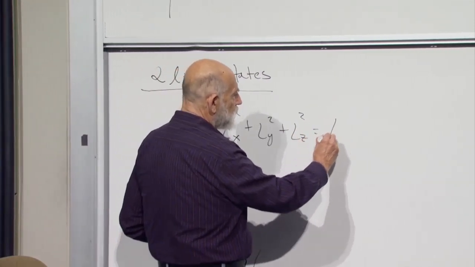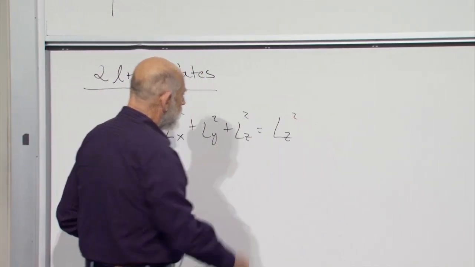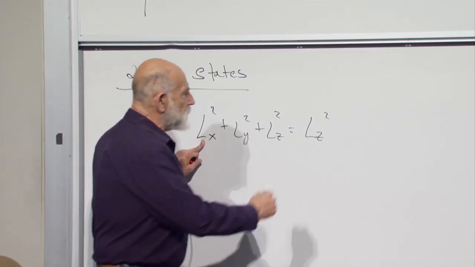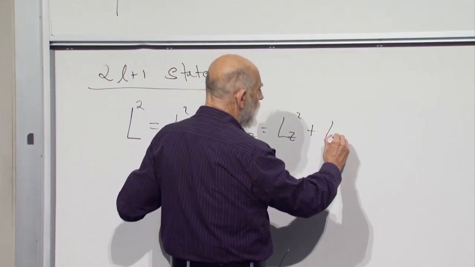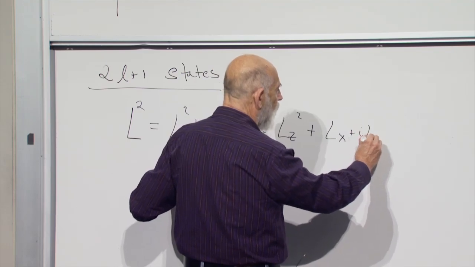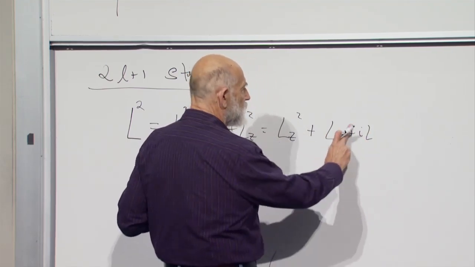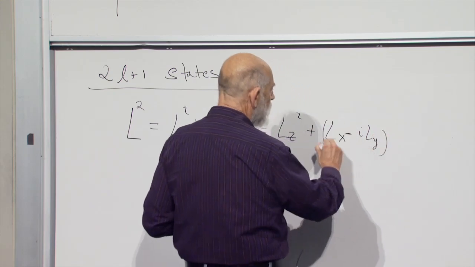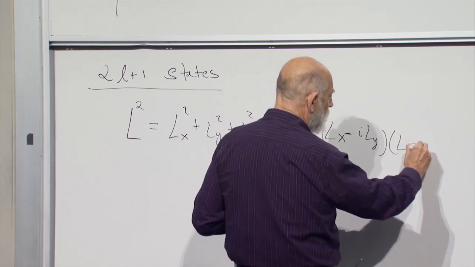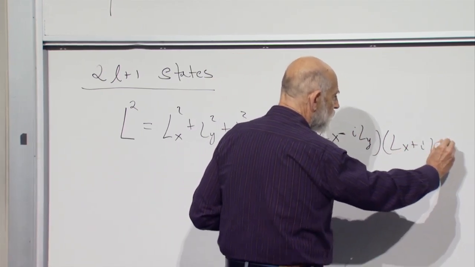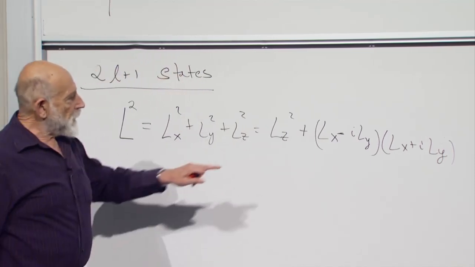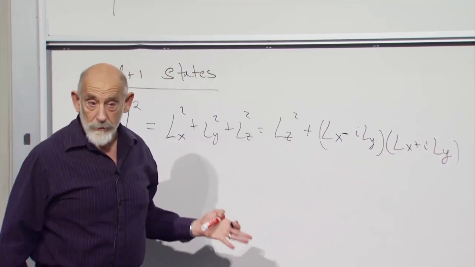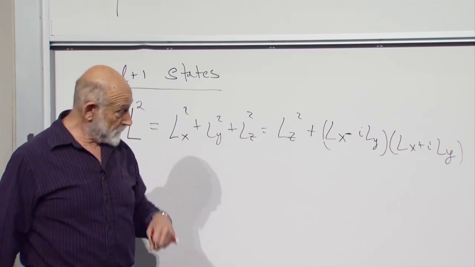This is equal to Lz squared. Now, first classical. Lx squared plus Ly squared, that's Lx plus iLy. Do I want that? No, I want Lx minus iLy times Lx plus iLy. This is Lx squared plus Ly squared, and the cross term is 0 classically.